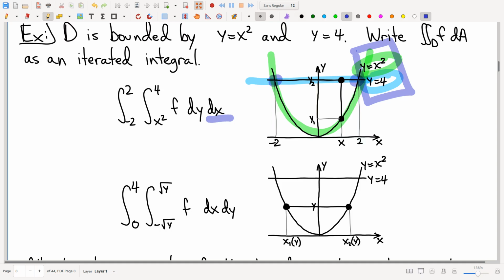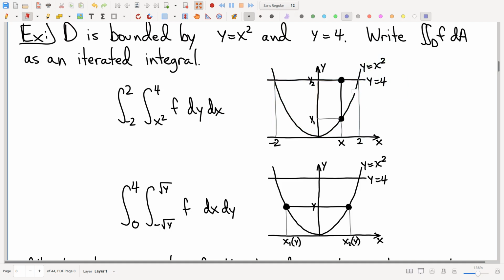Okay, so there's that. Let me also point out, y'all can think through the rest of the details of this one. Let me point out again that when you're trying to find the inner bounds, let me go back to green, looking at y is going from there to there. There's my y slice.